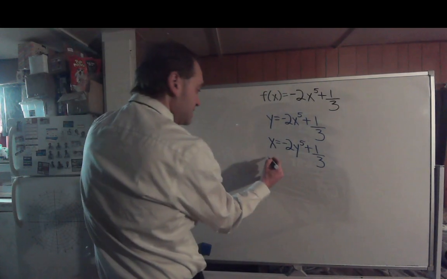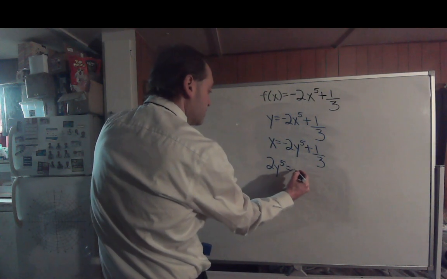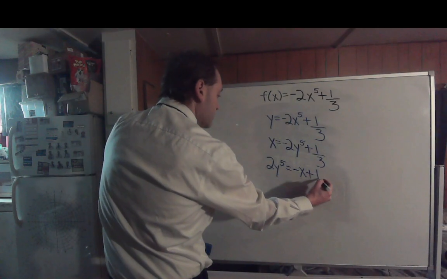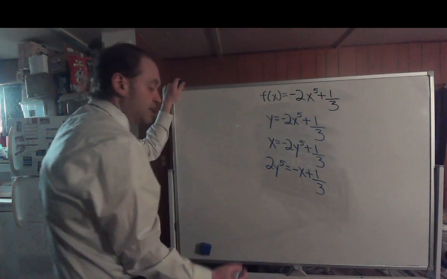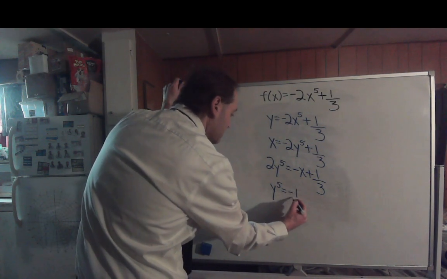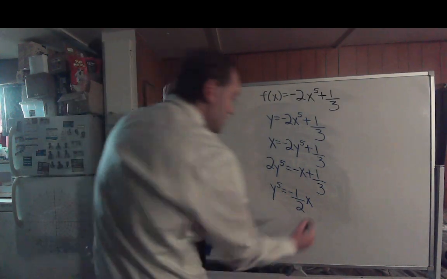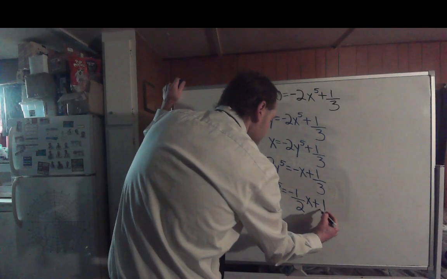So this means that 2y to the fifth would equal negative x plus 1/3. So then y to the fifth would equal negative 1/2 x plus 1/6.